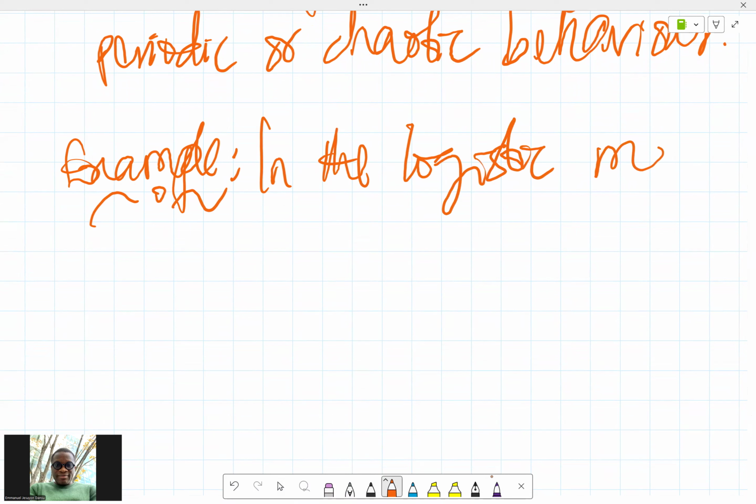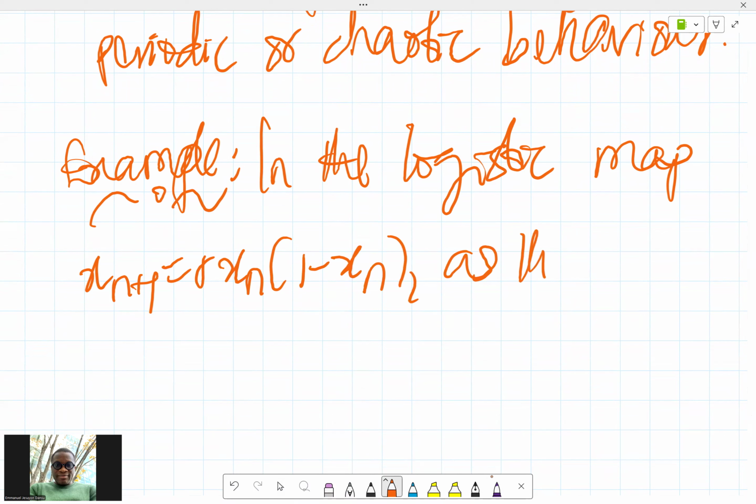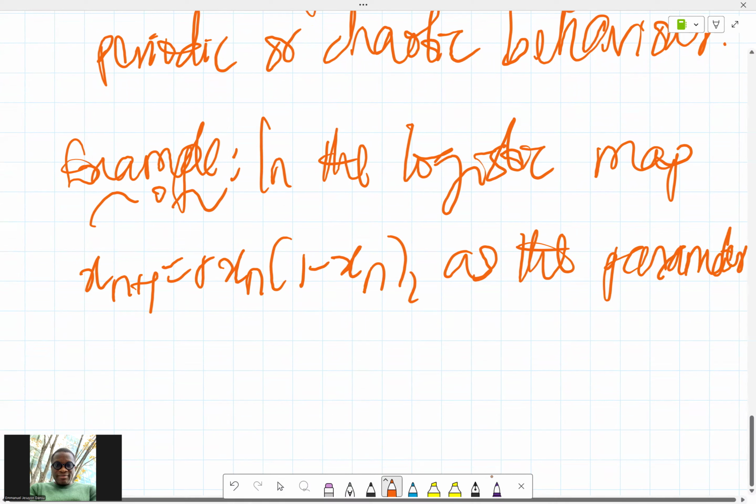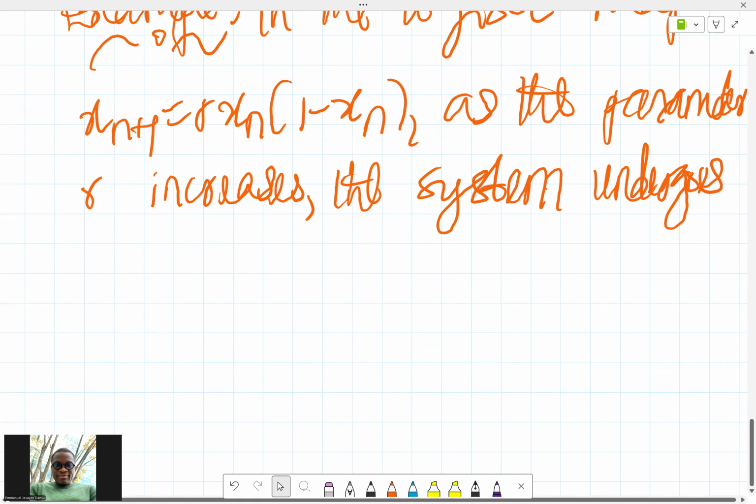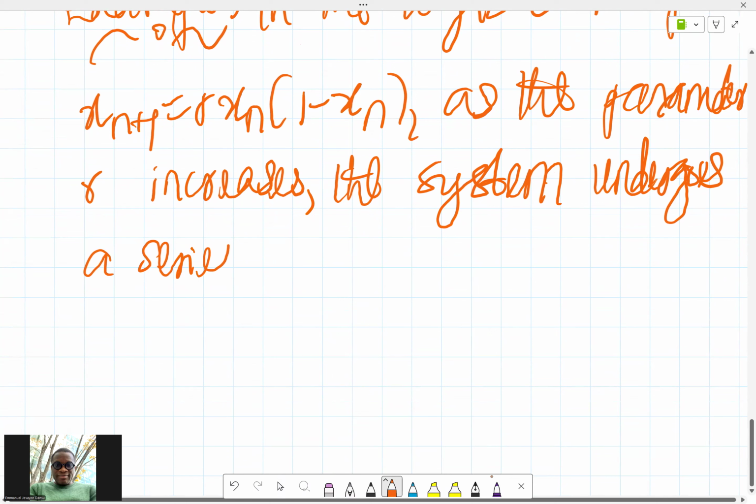In the logistic map, x(n+1) equals r x(n) times (1 minus x(n)), for instance. As we keep increasing the parameter r, the system undergoes a series of bifurcations, as we're going to see very soon.